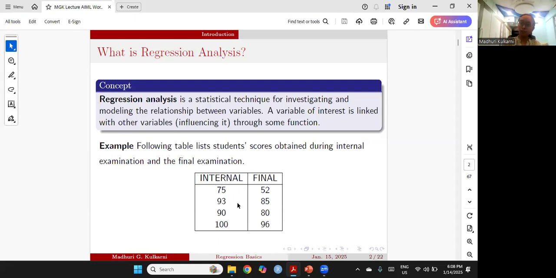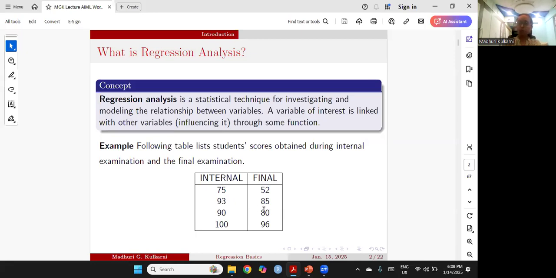Internal scores become a factor which influences the final score. By final score, I mean the score in the end of term or university examination, and not the average of everything.